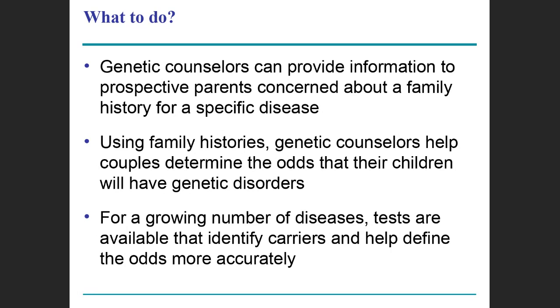So there are ways to perform these tests to see what kinds of mutations you might have. And so you can decide what to do. If modifying your lifestyle, your diet, those kinds of things can help, then you can do that. Or you can choose to do radical things like have your breasts removed before there's any cancer present.